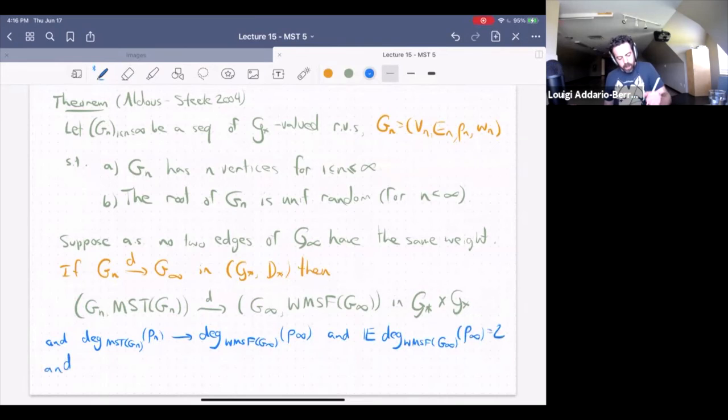And also there's convergence and expectation of the weights. So if I look at the sum over all edges of the minimum spanning tree of Gn which contain the root, if I sum up all of those weights, then that converges in distribution to the corresponding sum for G infinity.